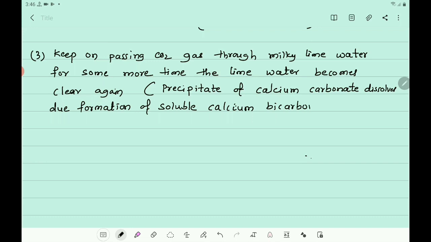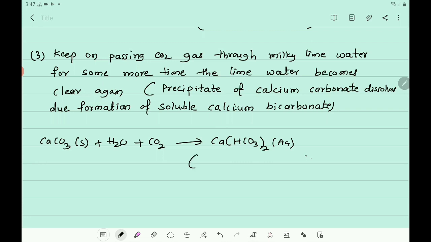So let us write the reaction. Calcium carbonate CaCO3, that is solid, with H2O plus excess carbon dioxide gives Ca(HCO3)2, that is aqueous solution of calcium bicarbonate. This is calcium bicarbonate. This is calcium carbonate.